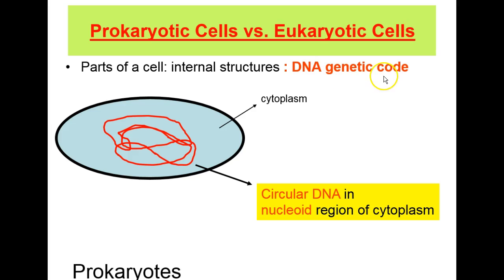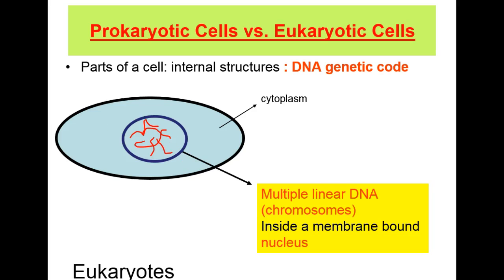DNA, the genetic code, is found as a circular molecule in the nuclear region of the cytoplasm of prokaryotic cells. Notice that in prokaryotic cells, DNA is circular and it is typically only one molecule.